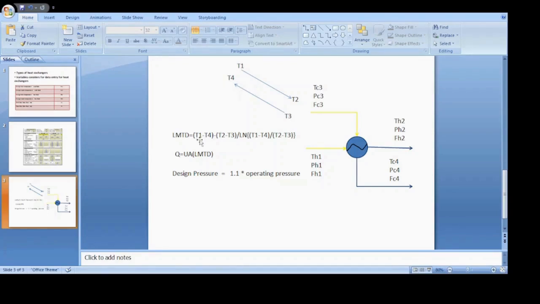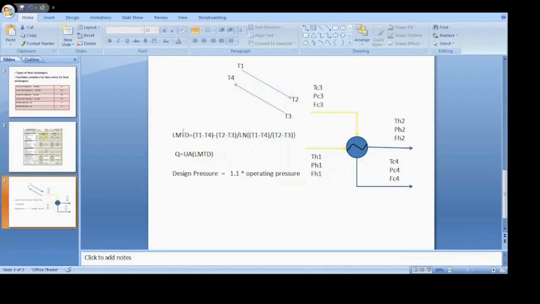So for finding out the LMTD of this type of counter flow, we usually use this formula: (T1 minus T4) minus (T2 minus T3), divided by ln of (T1 minus T4) divided by (T2 minus T3).